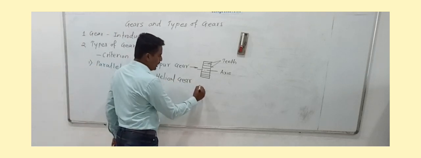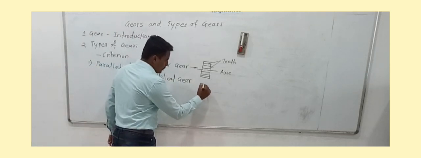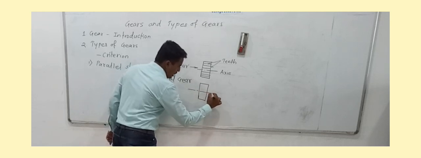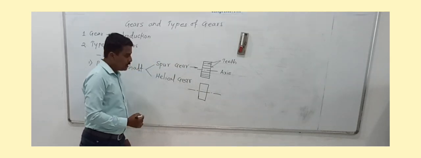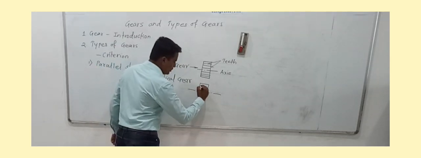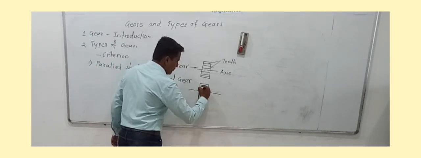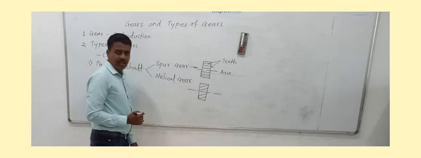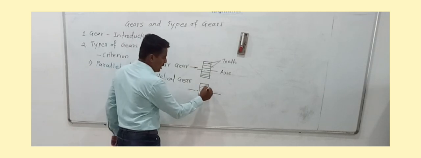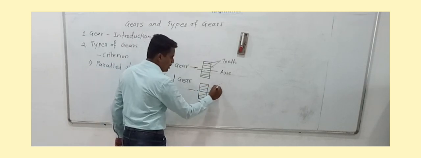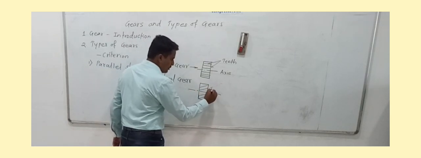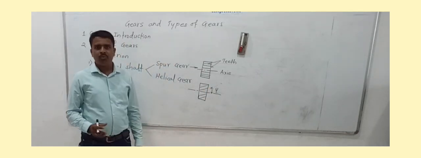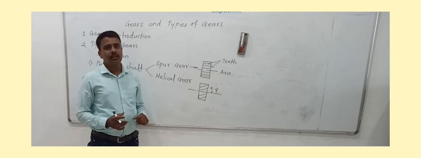Now in case of helical gears, if you take the front view and consider this the axis of shaft, the teeth are inclined to the axis of shaft. If you take this angle of inclination with the axis of shaft, this angle is denoted by the symbol psi and it is known as the helix angle.